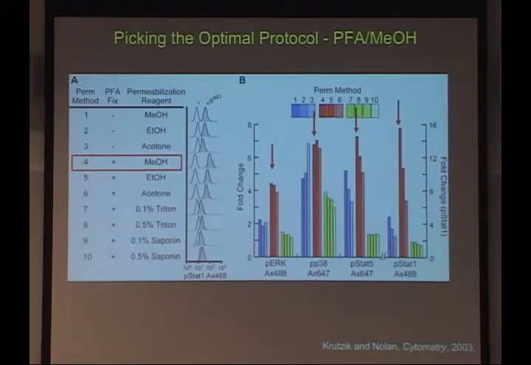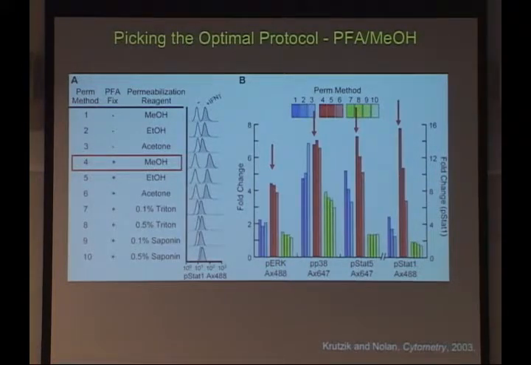So depending on what phosphoprotein you're interested in, there is some optimization that you can do. This is something we've done recently to dial in a particular phosphoprotein as well. Just messing with the different conditions can give you a much larger fold change. So if there's one thing that you really, really want to look at, don't just take this protocol and assume that that's the best thing there is.